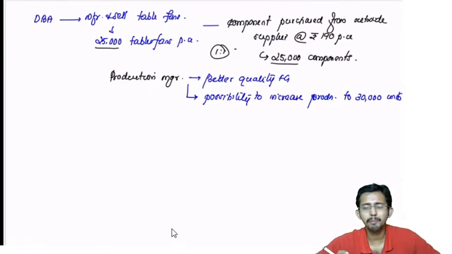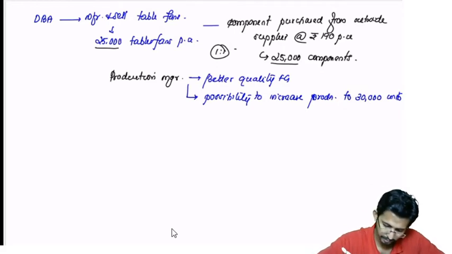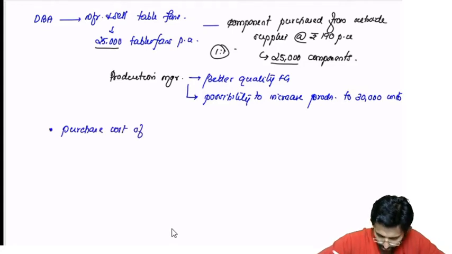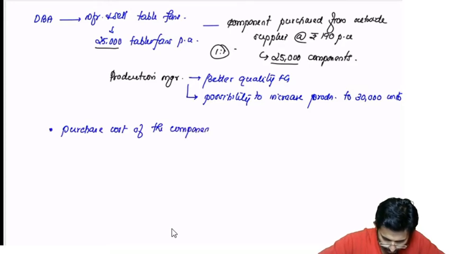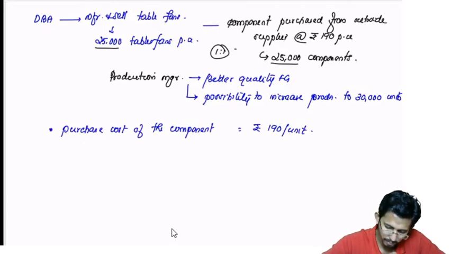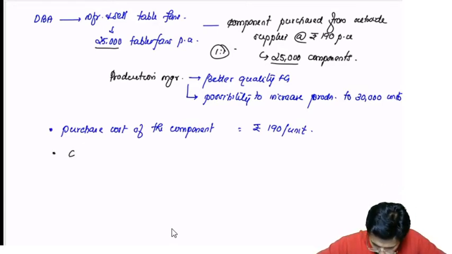So first we will have to compare the cost of manufacture with the cost of purchase of the component. What is the purchase cost of the component? It is rupees 190 per unit. Now the cost of manufacture option.